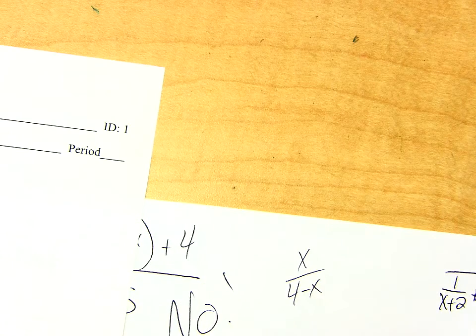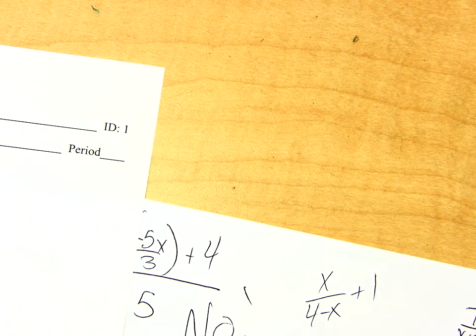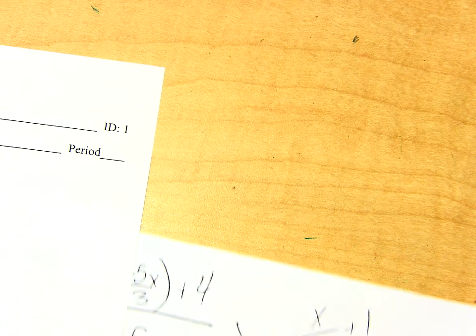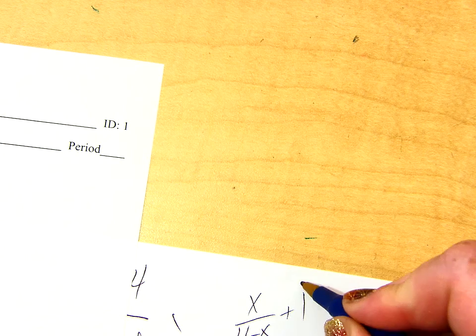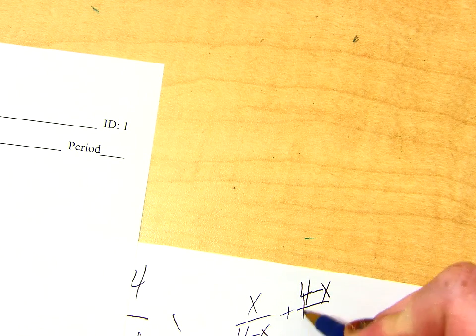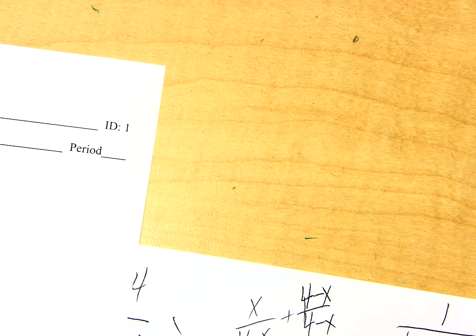And then plus 1 on the side. That's never going to go to x. Let me try one thing. Because what if instead of saying plus 1, we did plus 4 minus x over 4 minus x? So it'd be x plus 4 minus x over 4 minus x. So those are going.